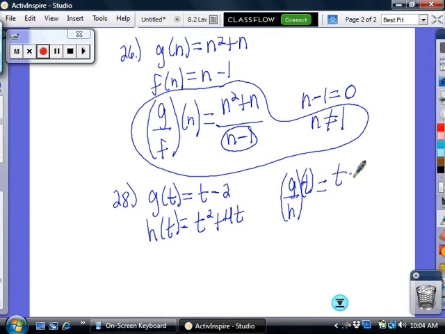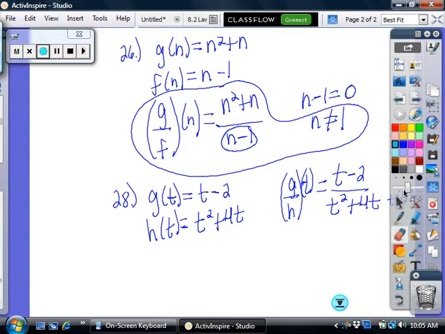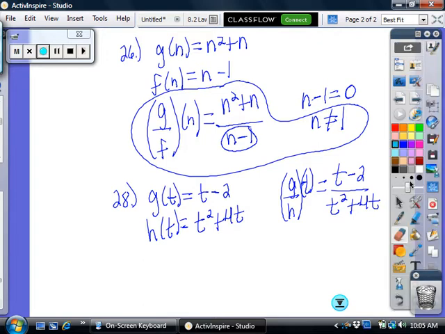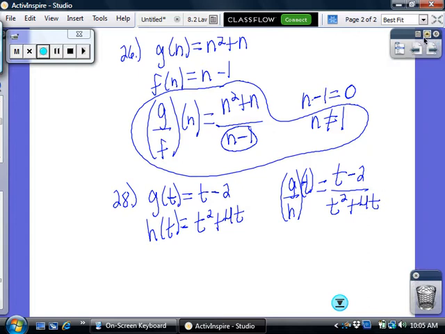So we take t minus 2, divide that by t squared plus 4t. And again, if I could factor out a t, but I would get t plus 4, not t minus 2. And so there's no point in doing that. If I could reduce that, I sure would. But I'm going to leave it like this.